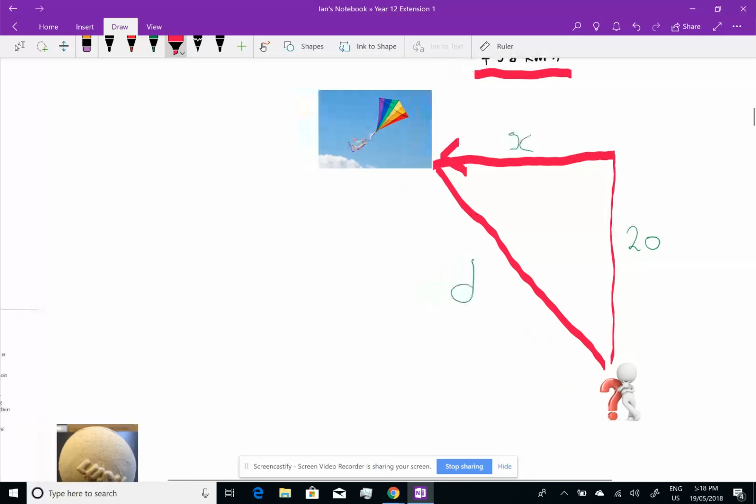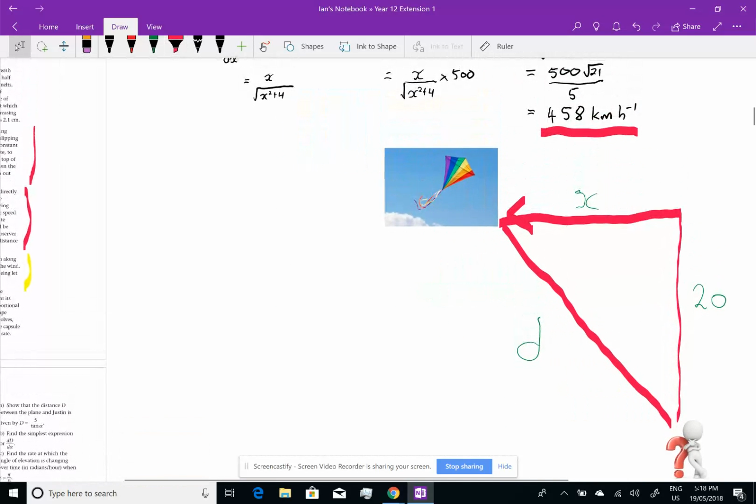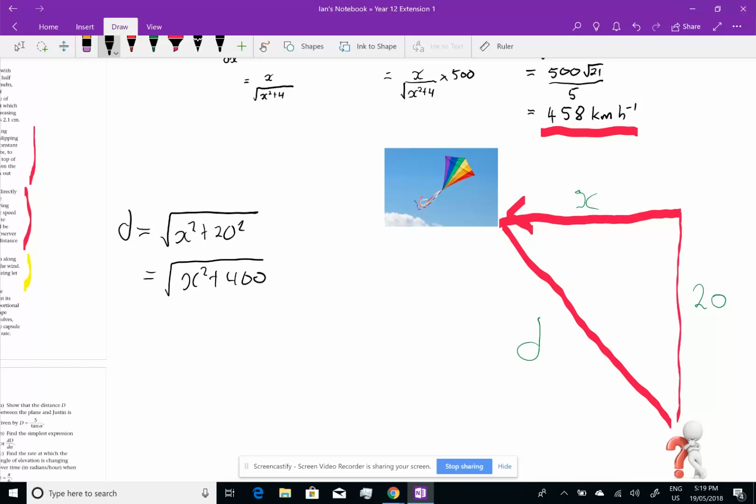So let's get an equation for this. D equals the square root of x squared plus 20 squared, x squared plus 400. Now we know we're going to differentiate that, so we'll write it in index notation: x squared plus 400 to the half.